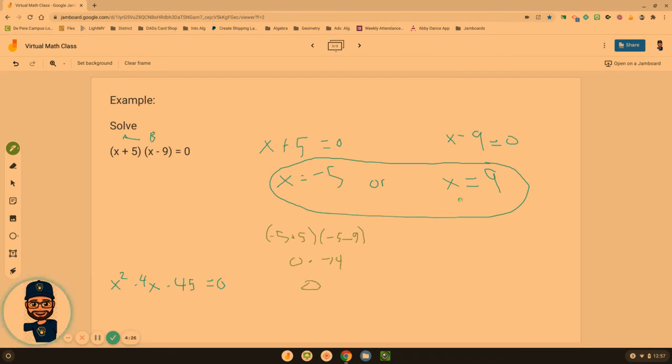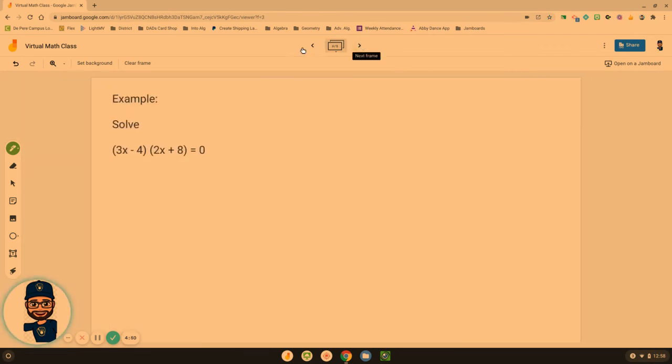Same thing's going to happen over here. What happens when I plug in 9? Well, 9 minus 9 is 0 in the second parenthesis, and then 9 plus 5 is the 14. 14 times 0 is 0. So we can use that zero product property to set each factor, x plus 5 equal to 0, or x minus 9 equals 0. Try it on the second one here, see what you come up with.